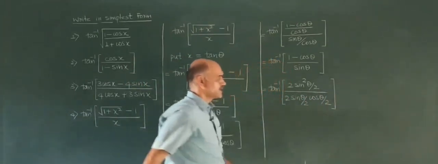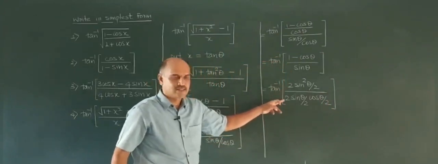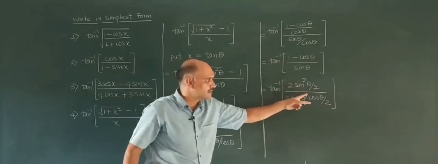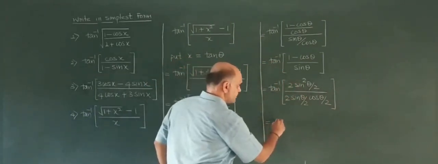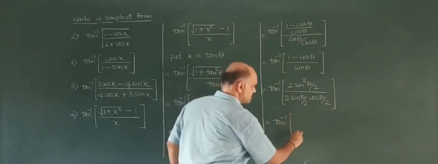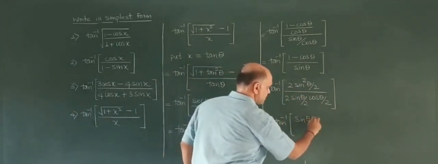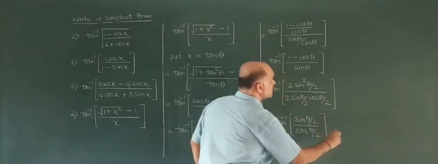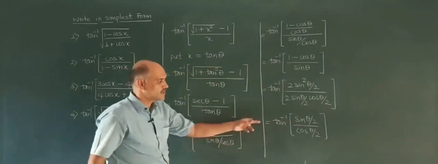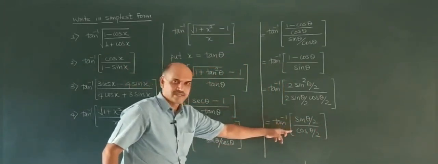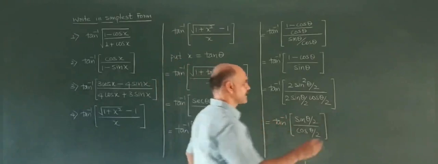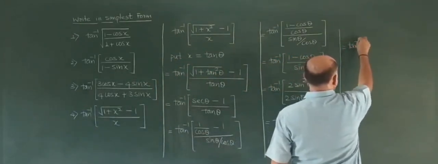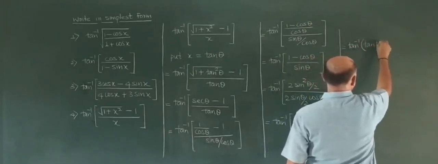Now in the numerator and denominator, 2 gets cancelled and one sin gets cancelled. What remains? Sin theta by 2 and cos theta by 2. So we will have tan inverse of sin theta by 2 divided by cos theta by 2. Now sin theta by 2 by cos theta by 2 is nothing but tan theta by 2.